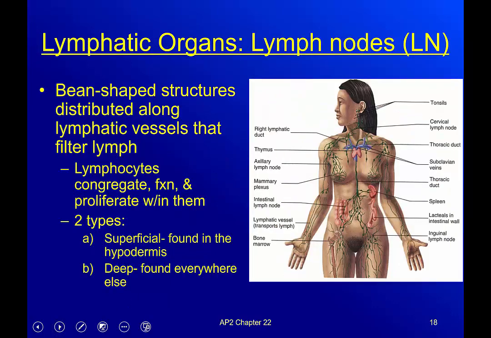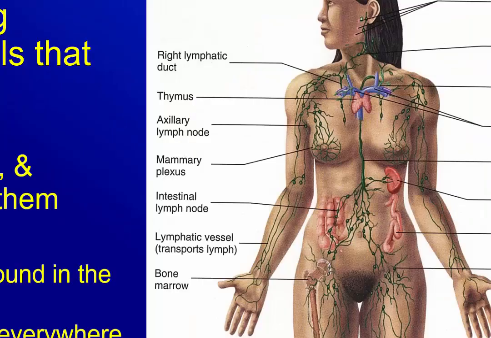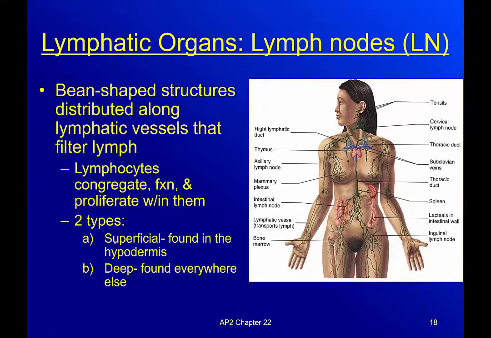The lymph nodes, like I said, are the bean-shaped structures that you see here. Lymphocytes actually go to the lymph nodes. They stay there and congregate, they function here, and they proliferate.